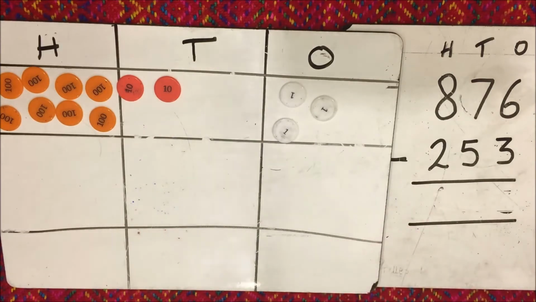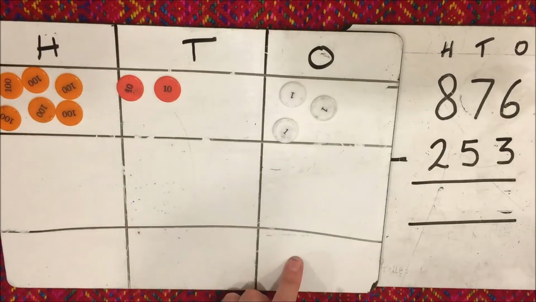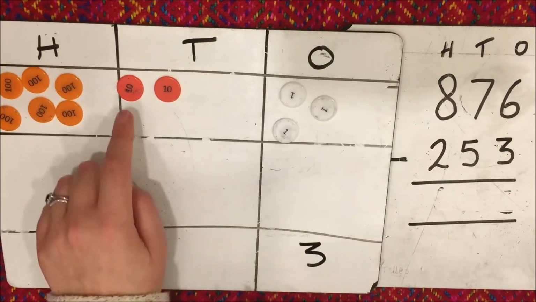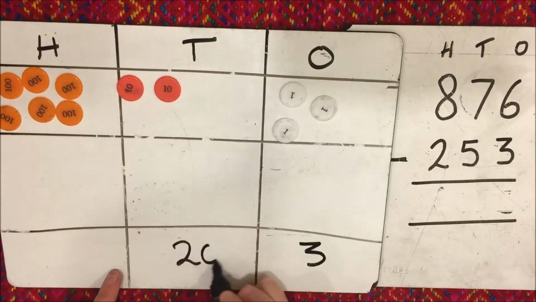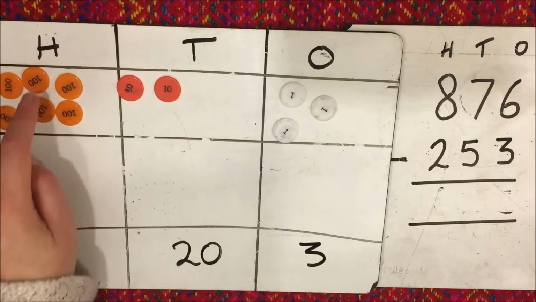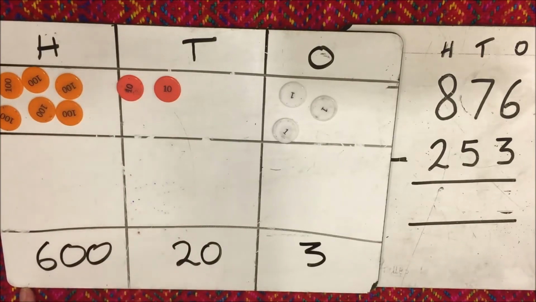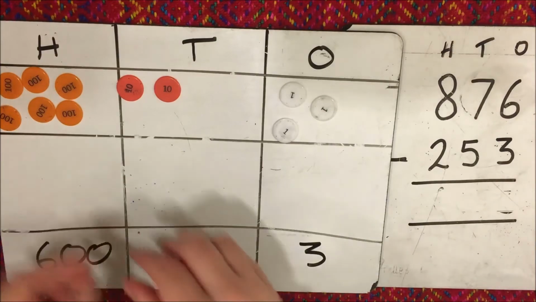How many hundreds? 2 hundreds. 100, 200. To get my answer, I need to count how many are left. Remember, we start with the ones, so I've got 3 ones left, 2 tens left, which means 10, 20, and 100, 200, 300, 400, 500, 600 left. So my answer is 623.